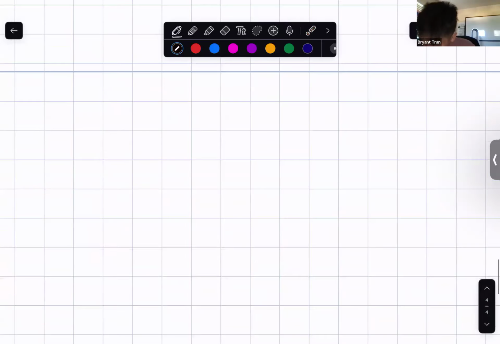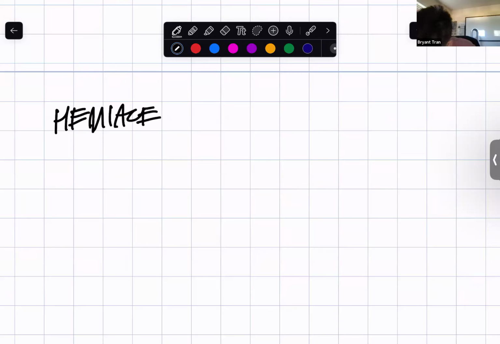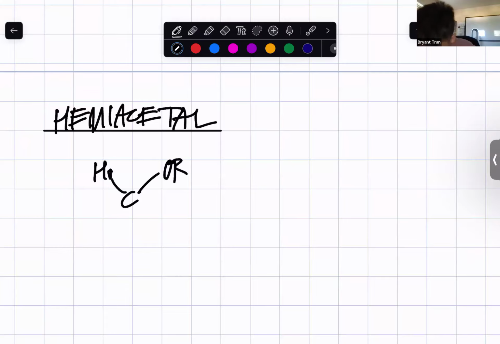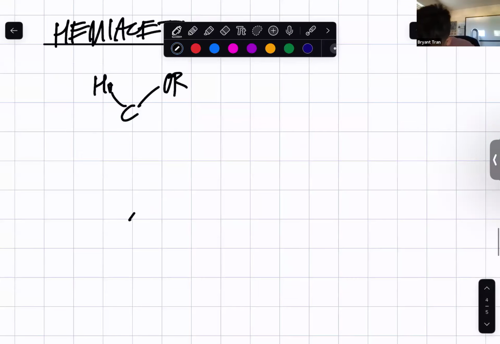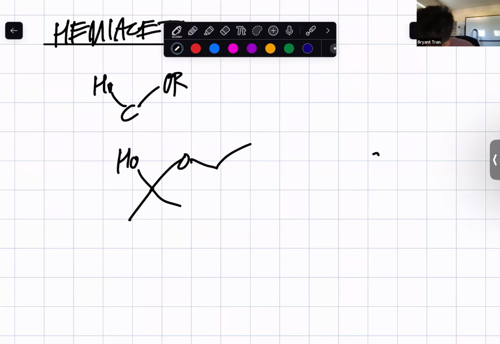Now, before we get into hemiacetal, I want to show you what the hemiacetal is. It's half of an acetal where we have an OR group and an OH group on the same carbon. You can have this hemiacetal right here, or you can have this hemiacetal right here.